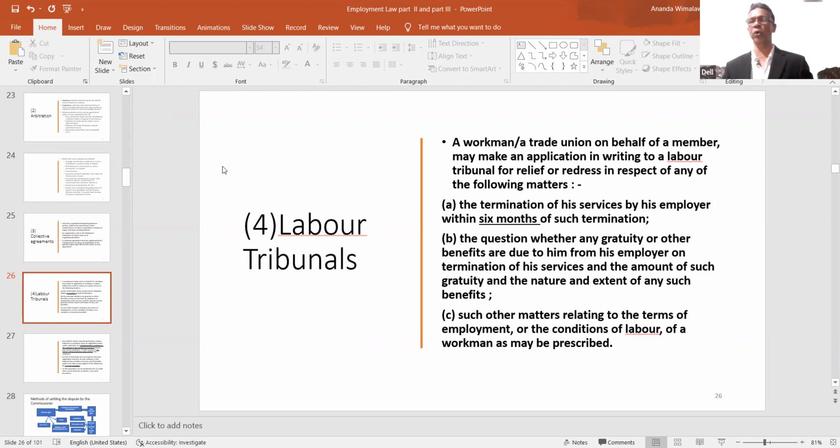or redress in respect of any of the following matters. You can put it as A, or you can say 1, 2, 3.